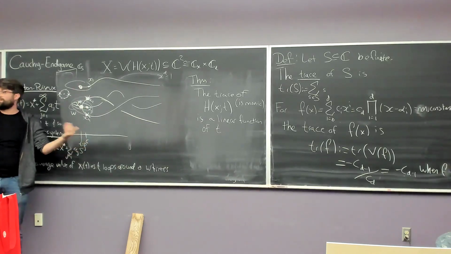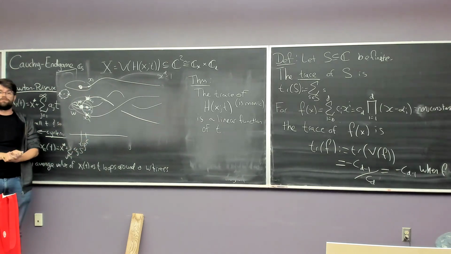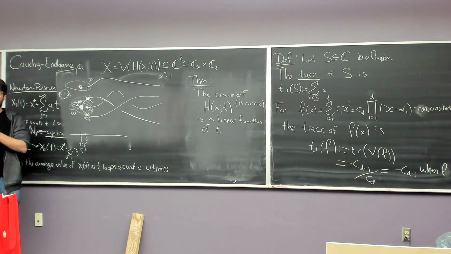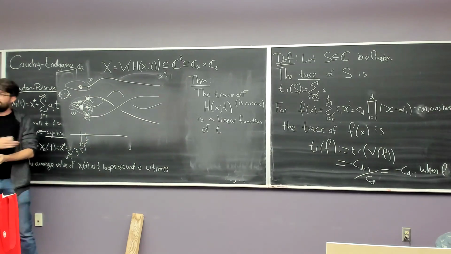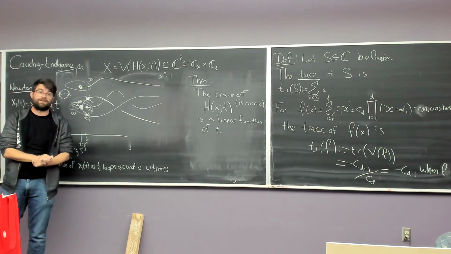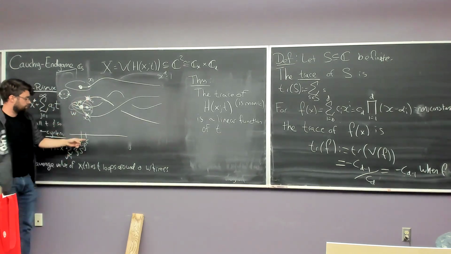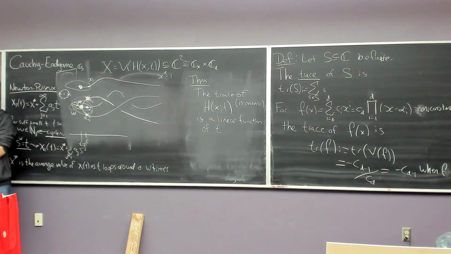So the reason why you will not hear about any trace endgame is because it is a special case of the Cauchy endgame, where you approximate an integral over a path that has cycle type W with W equally spaced points. So that's called the trace endgame. We won't do that.